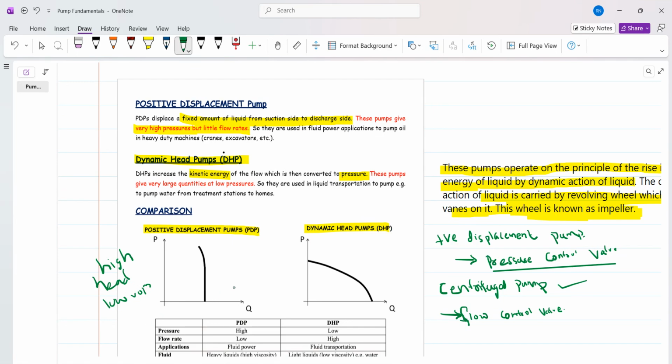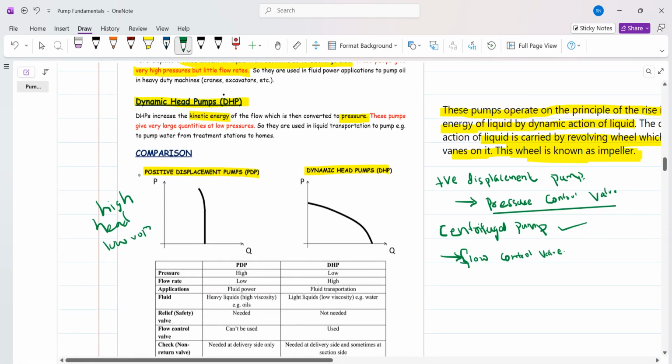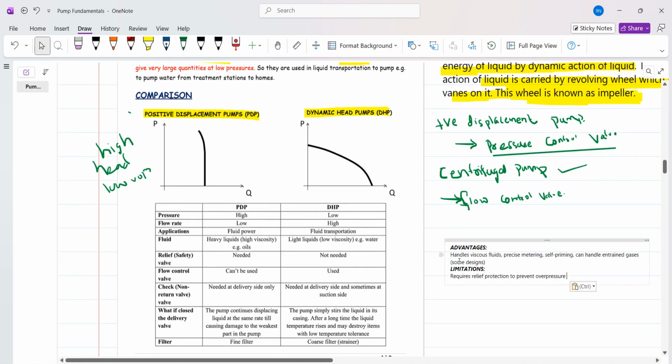So what are the advantages of the positive displacement pump? These can be the self priming.